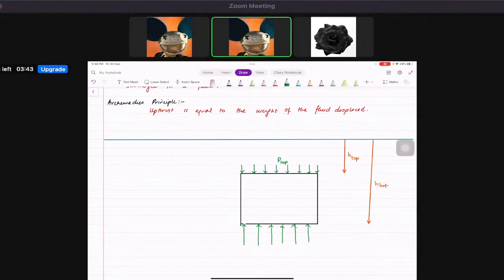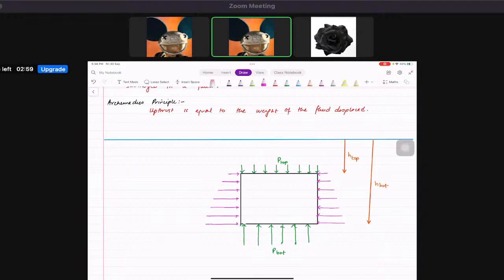Now this is the pressure on the bottom. On the sides, something really interesting happens. Because there is a gradual increase in pressure, the sides experience higher pressure as it keeps on going like this. Similarly, on the other side, it would behave the same way because the depth is increasing at every point, and it would show an increase like this.